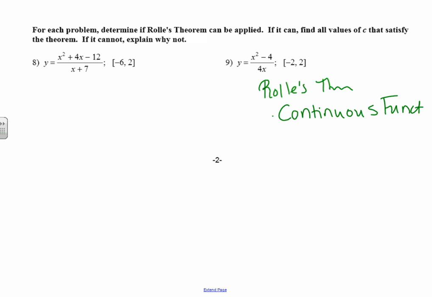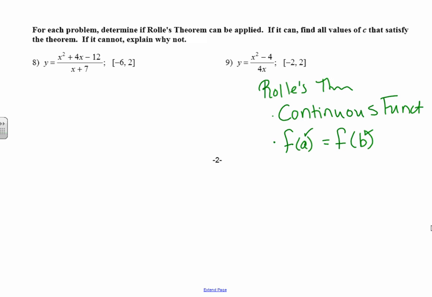Next thing is the height at one endpoint has to equal the height at the other endpoint. And notice I'm writing them in function notation because that really means y evaluated at a and y evaluated at b. Those heights have to be the same.